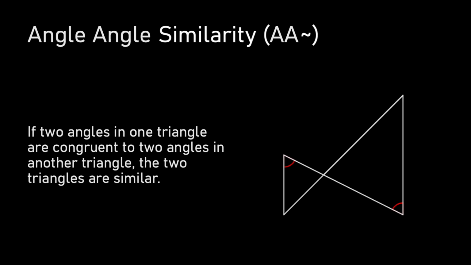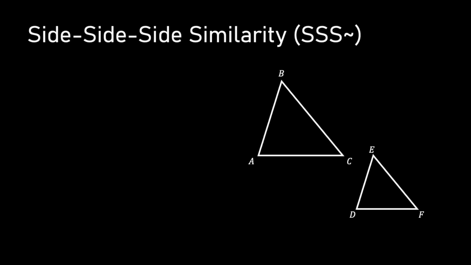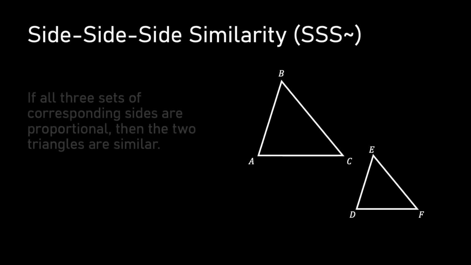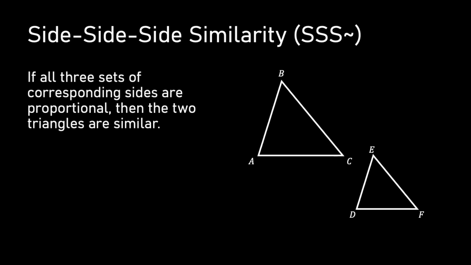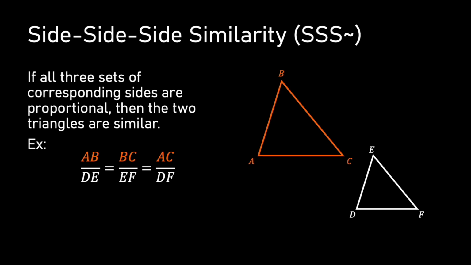Our next similarity theorem is side-side-side similarity, which states that if all three sets of corresponding sides are proportional, then the two triangles are similar. For example, here, we would say AB over DE equals BC over EF equals AC over DF. Notice that in this proportion, all the side lengths on top come from the same triangle, and all the side lengths on bottom come from the same triangle.